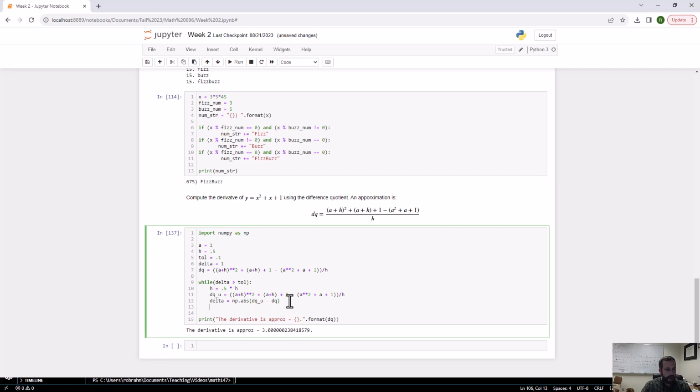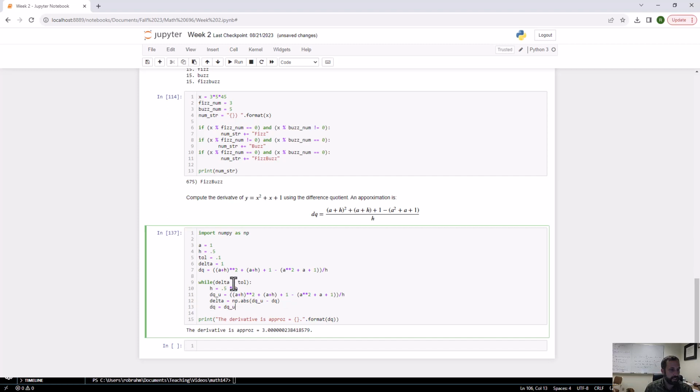Okay, but now I need to set dq to be equal to dqu, the updated version of dq. So I'm just replacing variables. Like dq is equal to 3.05, dqu is something a little closer to 3, and now my old dq is equal to dq updated.